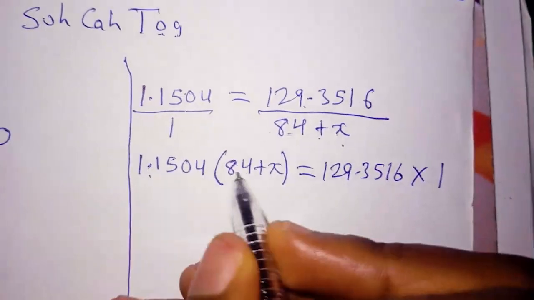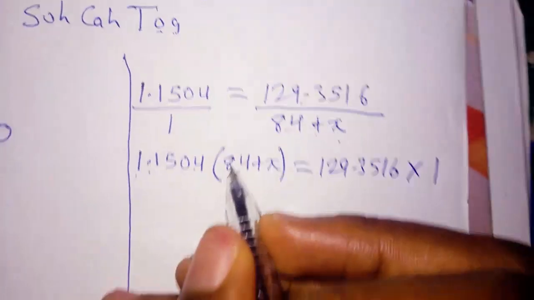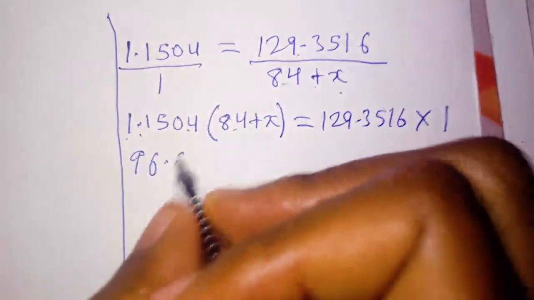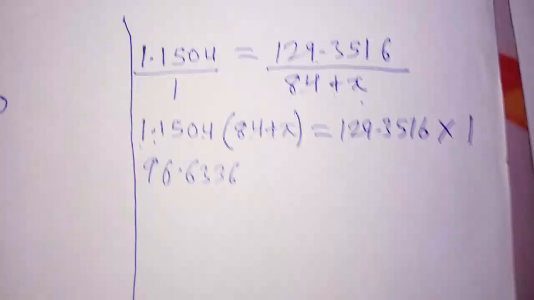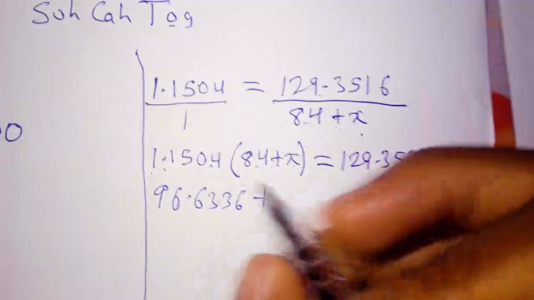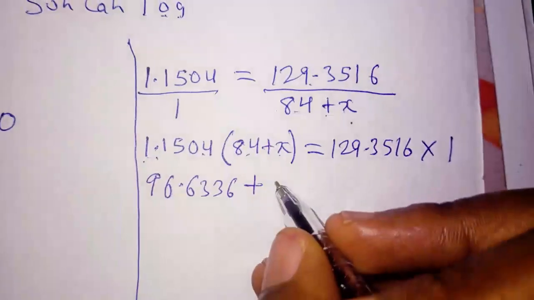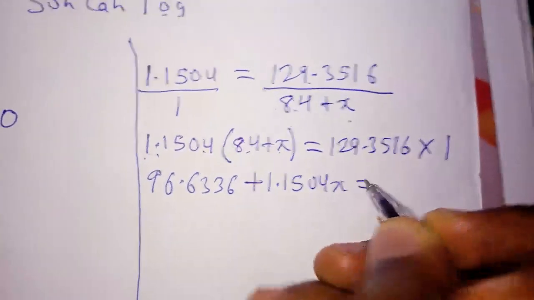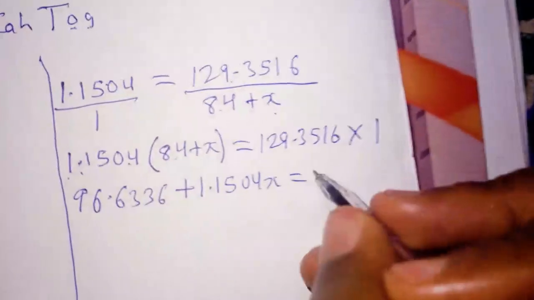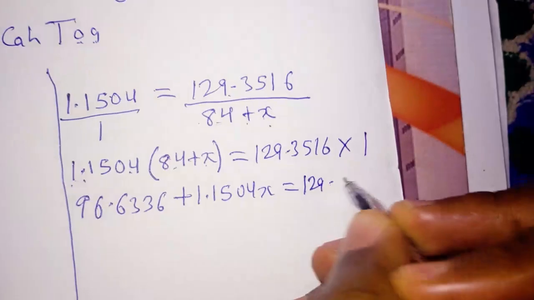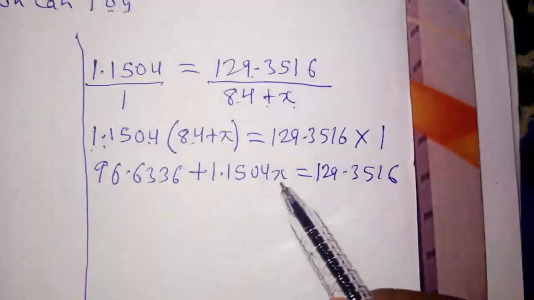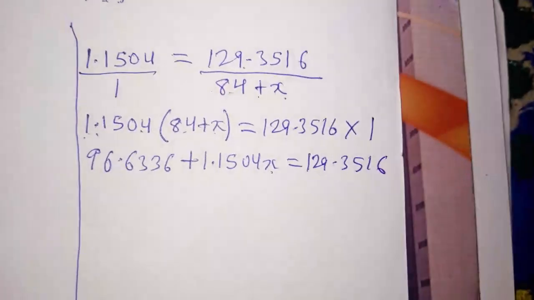So opening this bracket here, 1.1504 times 84, using your calculator, will give you 96.6336. Then plus this times X is going to give us 1.1504X equals, and multiplying this by 1 will still give you the same number, 129.3516. Now what we have to do is to find X. And what do we do next? We'll collect like terms.